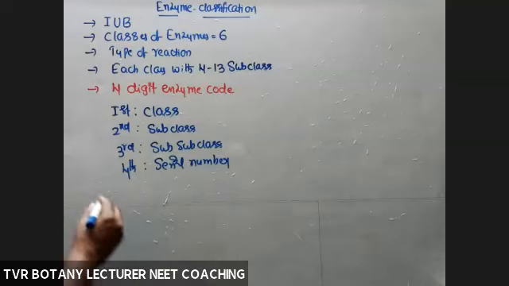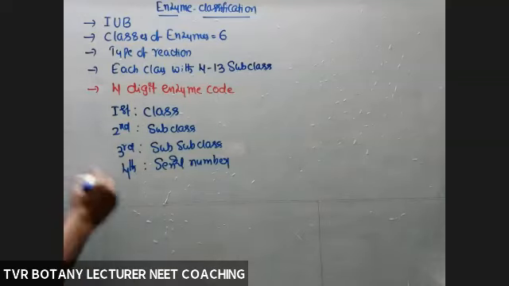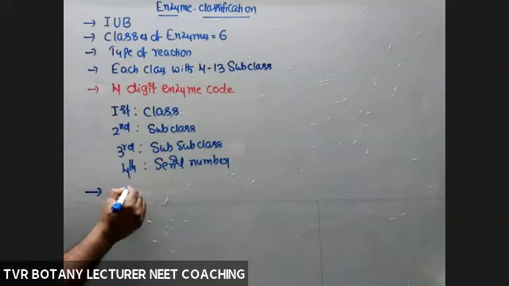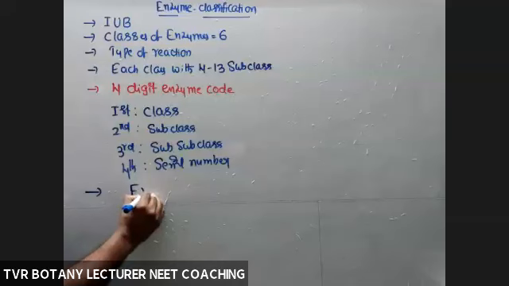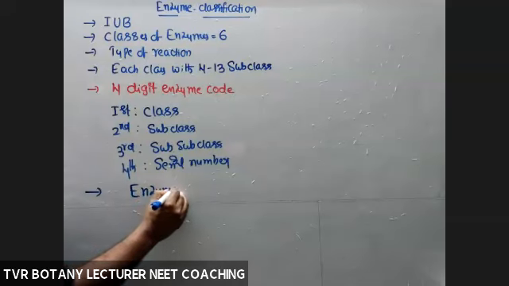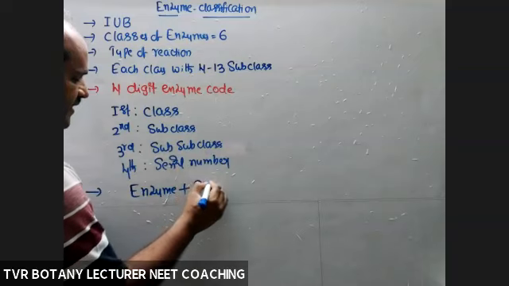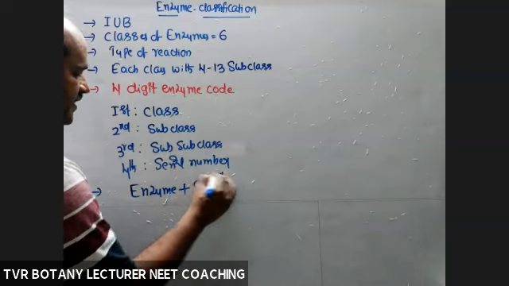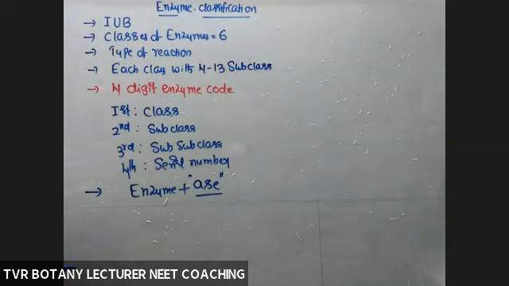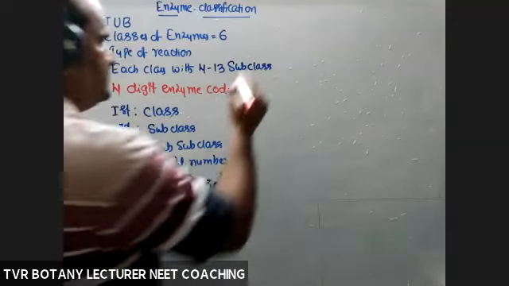And what about the enzyme name? Whatever the enzyme, the name of the enzyme plus the suffix is ASE. So in the name of the enzyme, the suffix is ASE. So what are the 6 classes of enzymes?